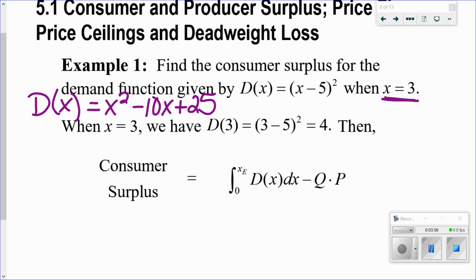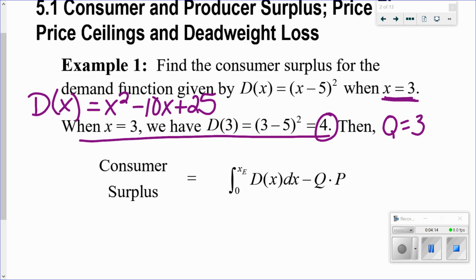The quantity demanded is 3. What they've done on this line is plugged 3 into the demand function to find the price. They plugged the quantity in and got out the price. So my Q, my quantity, is 3, and my price is $4.